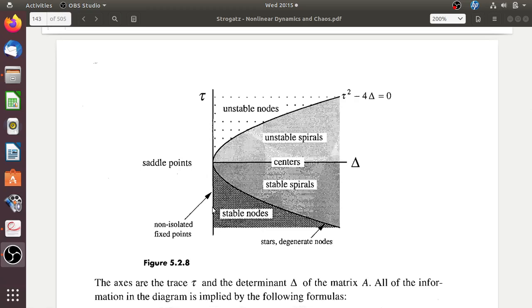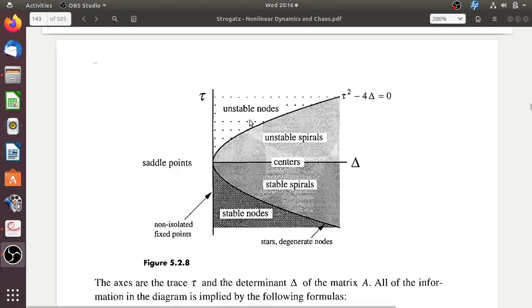If one of the eigenvalues is 0, then I will have a line of fixed points, and that line of fixed points is stable. Even here I will have a line of fixed points, but those are unstable. Since we don't have a single fixed point, this particular region or line is known as non-isolated fixed points.